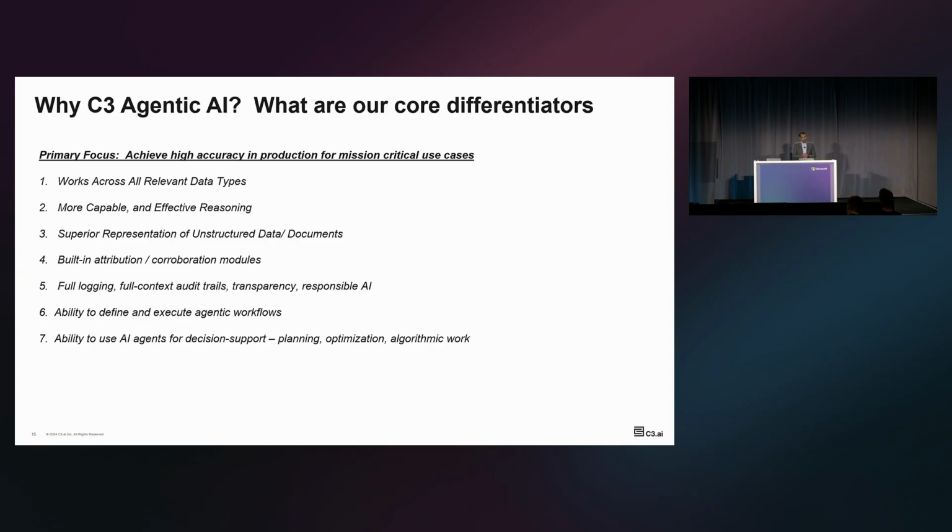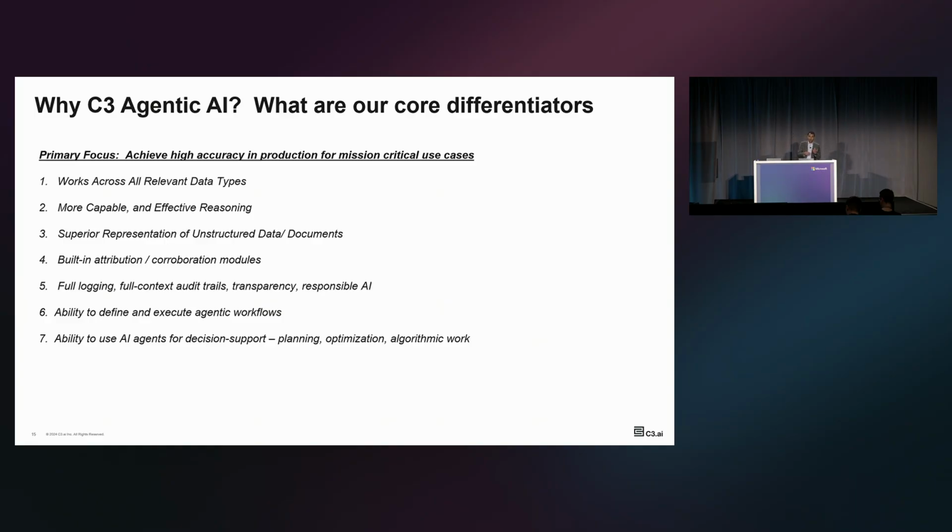But our primary focus is using AI agents to achieve high accuracy in production for the mission critical use cases that we serve, which tend to be data and analytic heavy use cases. And so for us, there are 7 main differentiators. One is the ability to work across all relevant data types. Second is more capable, more effective reasoning. Third is a superior representation of unstructured data for engineering, manufacturing, technical use cases.